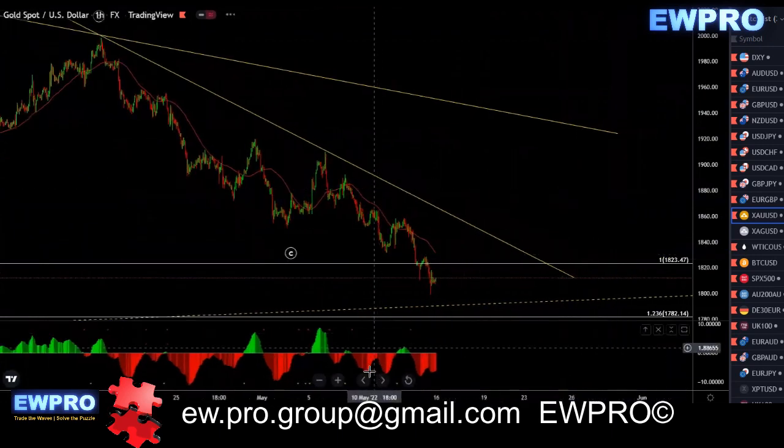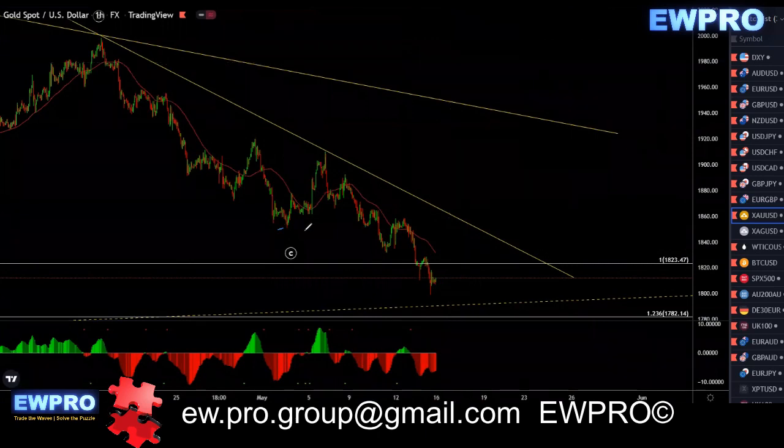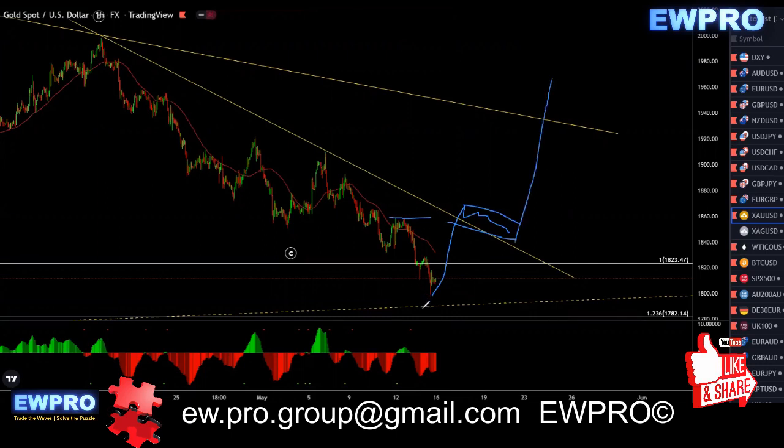On the H1, we do have bullish divergence between this low and this low. So yeah, really need to wait for a buy setup, and then you want to break above here and then give you a buy setup to confirm that the downside is over.